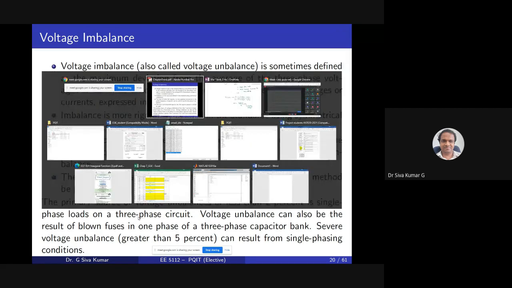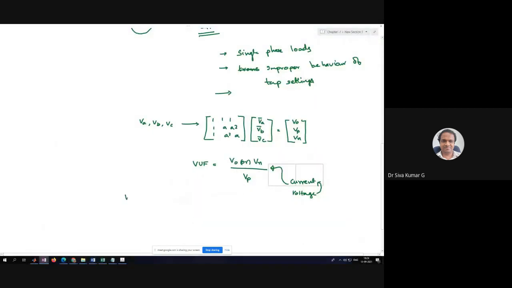What we can do is find the average voltage of VA, VB and VC. They have not been very specific about whether we need to take the phasor or something else.